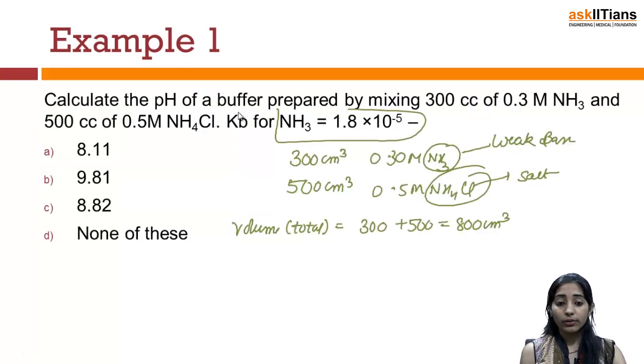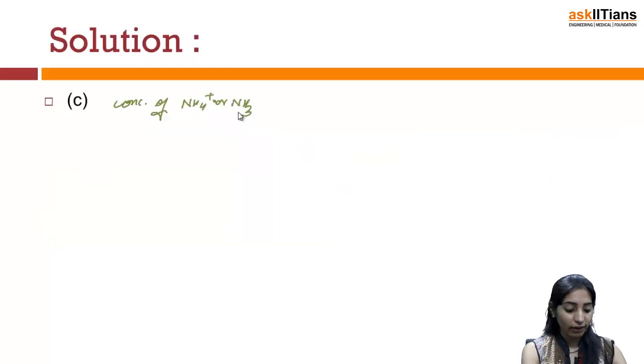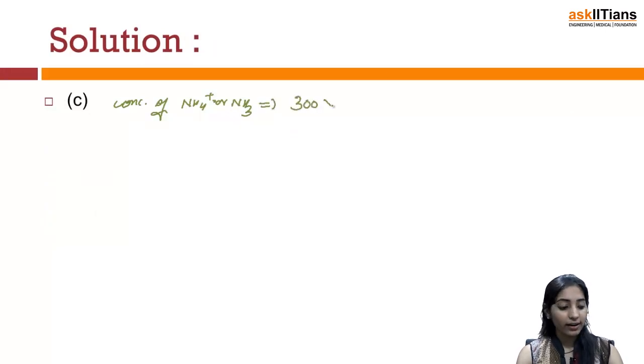Now the volume of the total solution is 800 centimeter cube. So we can very easily find out what will be the total concentration of NH3 in the solution. We can say that the number of moles will be 300 into 0.3, that is 90 into 10 to the power minus 3, because this is the number of millimoles.